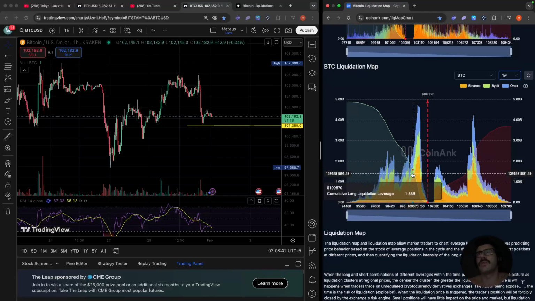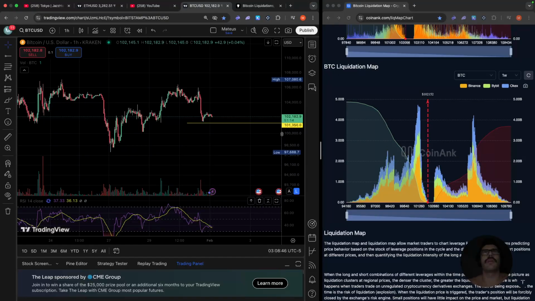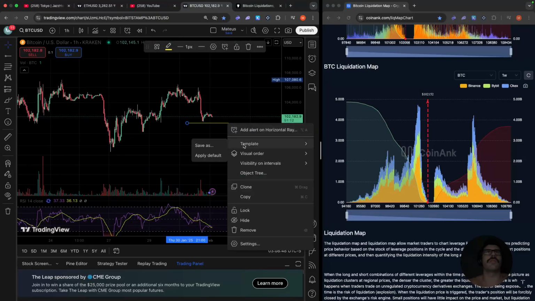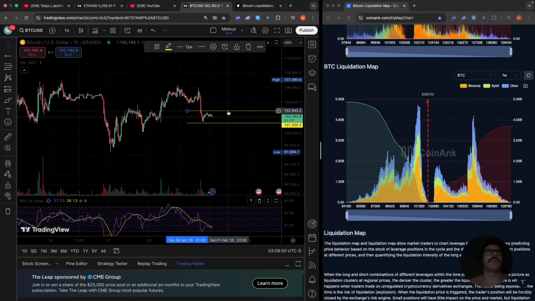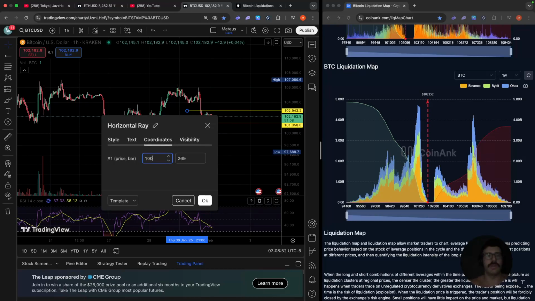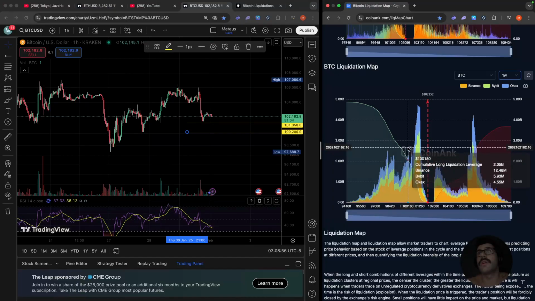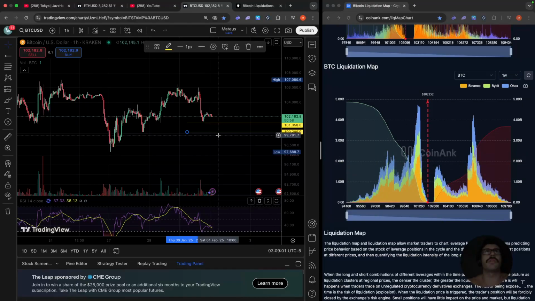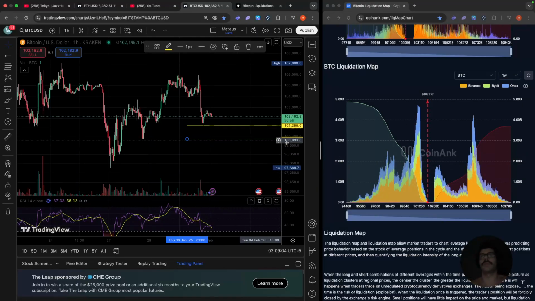You see, if it goes back to 100k, that is not too much lower than that, right? So let's put 100k and 200. If the price goes here, it's gonna be already a $2 billion selling pressure created by the liquidation, right?